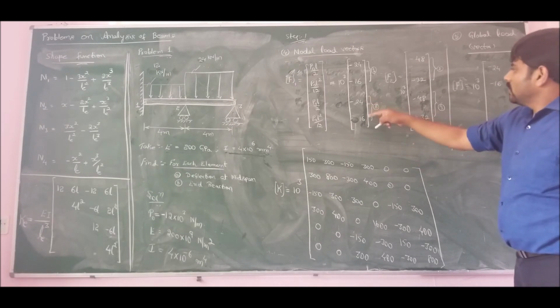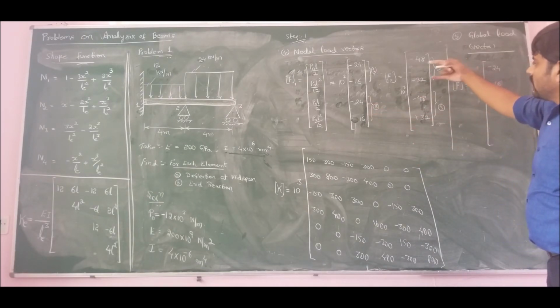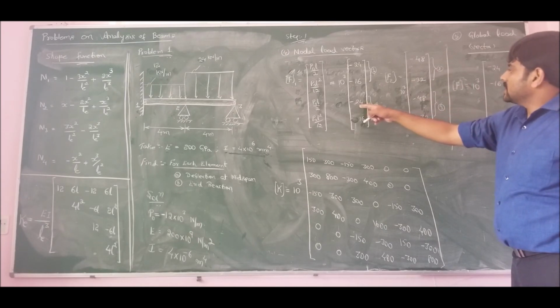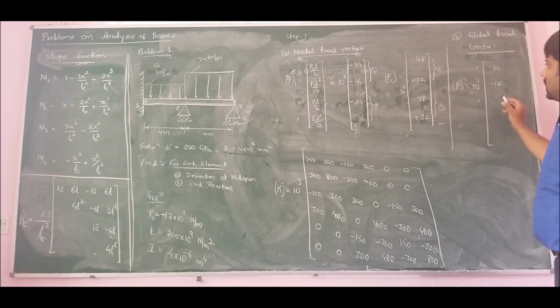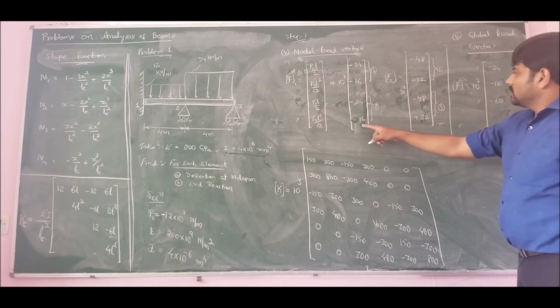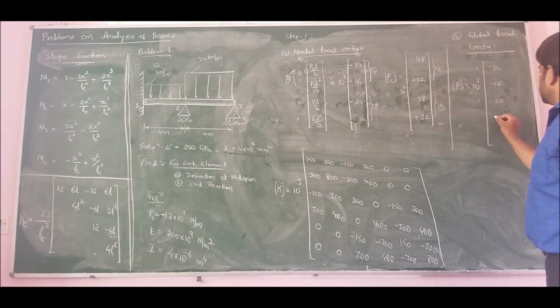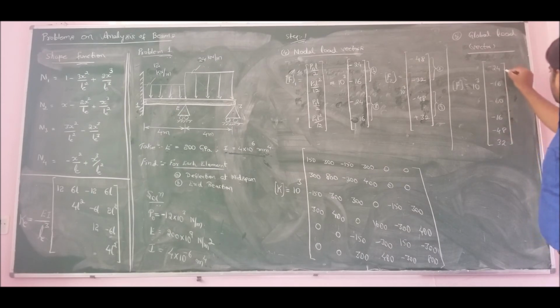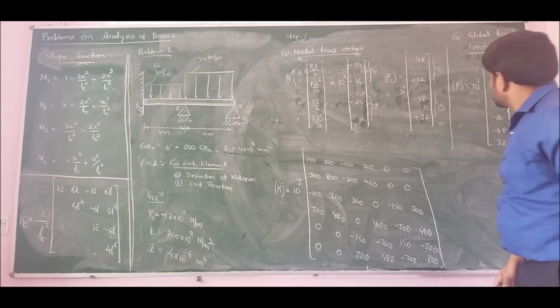At node 2 we have 4 values overlapping, so it is minus 24, minus 48, and I will get minus 16 plus 16 minus 32, which is minus 16. Next at node 3 I have minus 48 and plus 32. So this is for node number 1, this is for node number 2 and this is for node number 3.